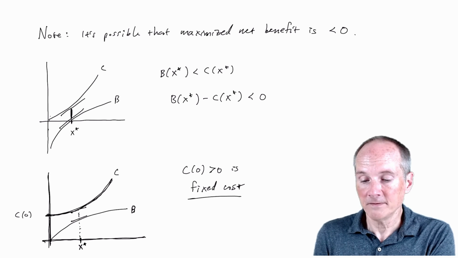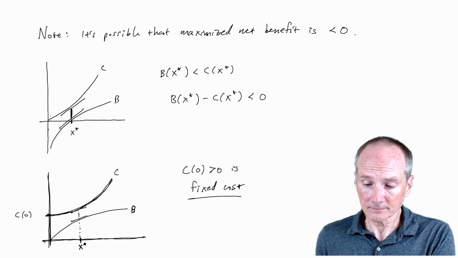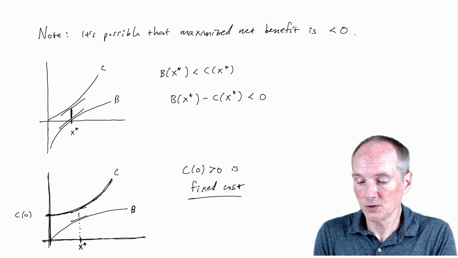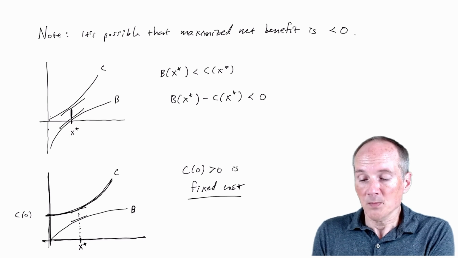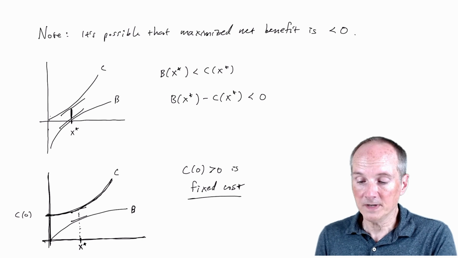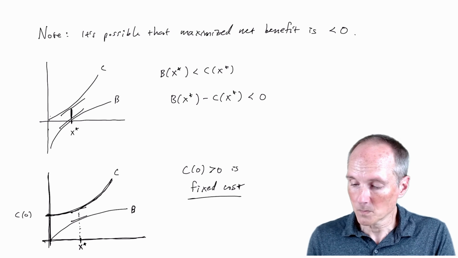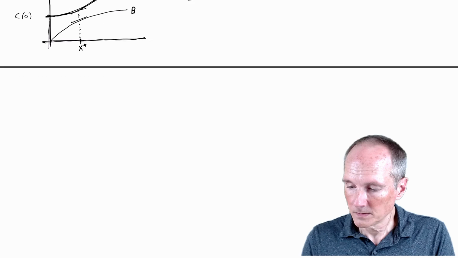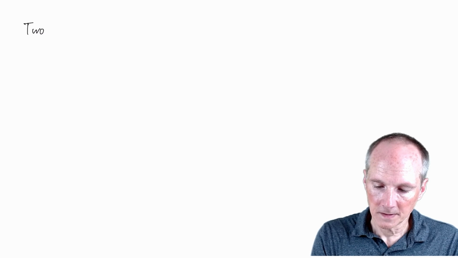Right? So we're basically giving them an outside option. You can go ahead and invest, choose your optimal scale, but you have the option of just not entering and having 0 net benefit. Right? So the way you would solve this kind of problem is basically just a 2-step solution.